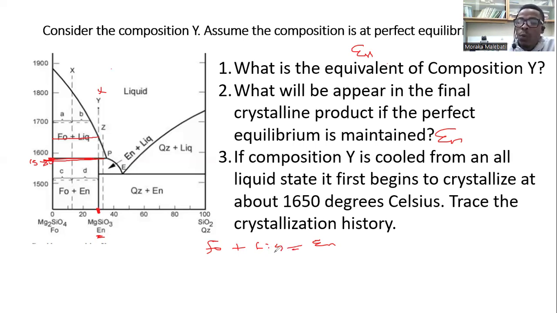This liquid must react with all of the previously precipitated phosphorite to produce the instantide. So this liquid will keep on reacting with this. At this constant temperature, or at this peritectic point, the temperature will remain constant until this reaction has gone to completion.